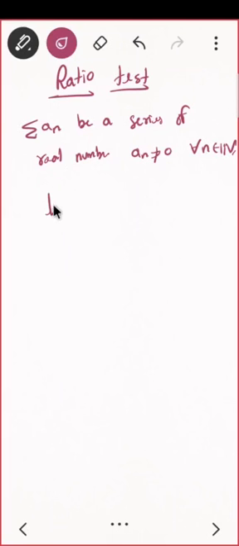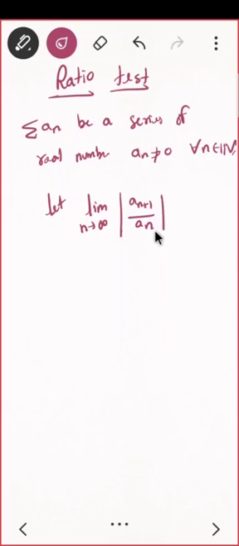Let the limit as n tends to infinity of the modulus of a_(n+1) upon a_n be.